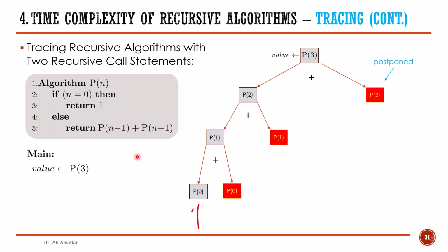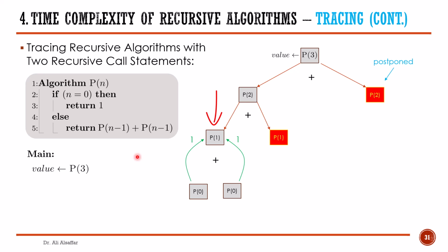Now on P0, since the parameter is equal to 0, the algorithm has reached the stopping condition, where it will return back to its parent P1 with a value 1. Going back to P1, the right call P0 that was postponed will start executing, and also will return 1 to its parent P1.